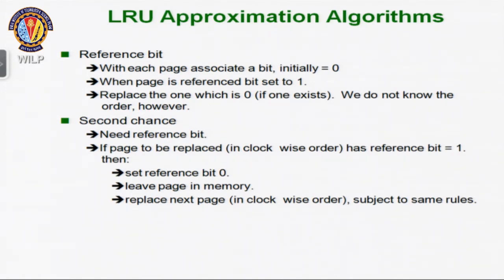When we try to replace a frame, we have a pointer which points at the next victim. Let's say that for the next victim the reference bit is 1, which means it has been referenced, but it is the victim. So it may result in a scenario where you swap out this page and immediately this page is required again.